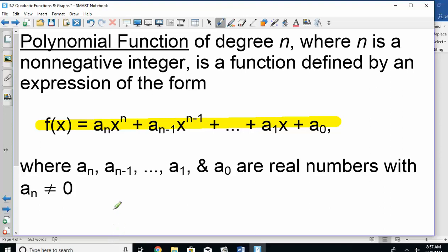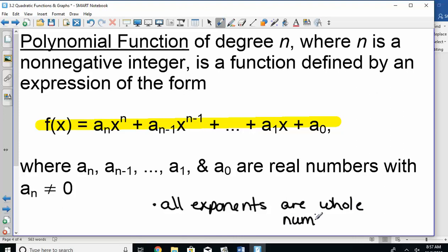But in a polynomial, we should add in all the powers, so maybe say all the exponents, powers of x, are whole numbers. Remember, whole numbers are 0, 1, 2, 3, 4.